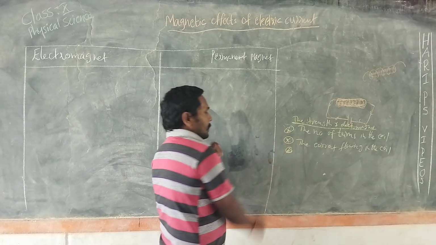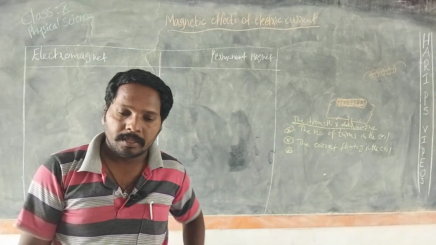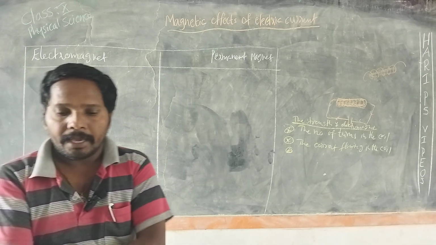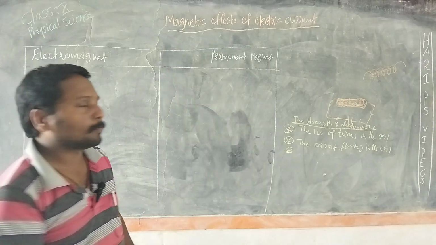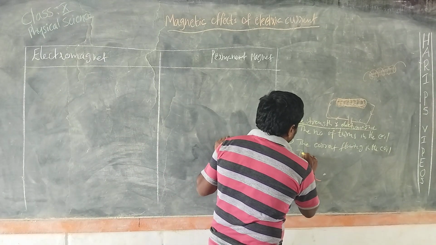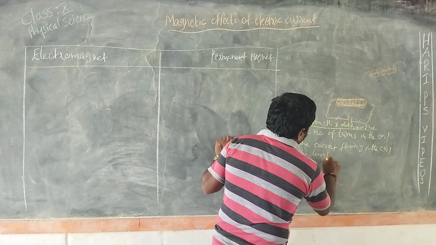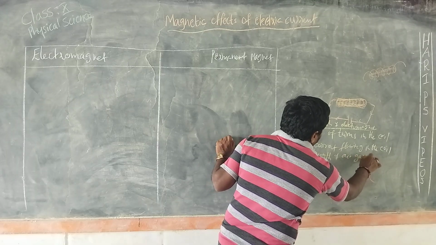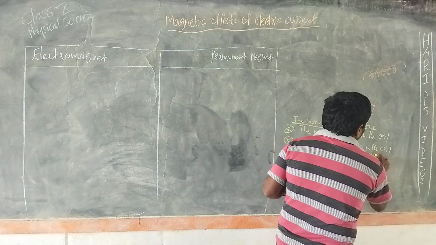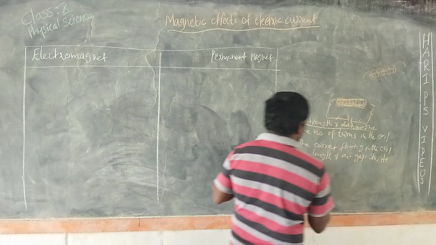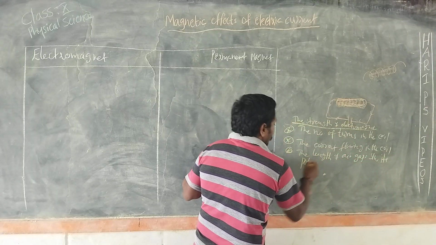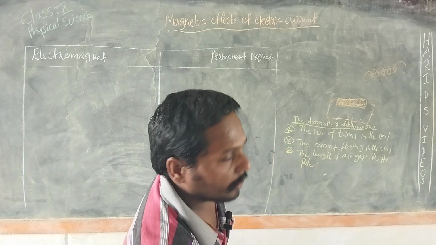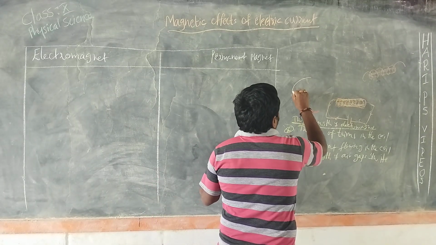And the third is the length of the air gap between its poles. For example, this is soft iron.